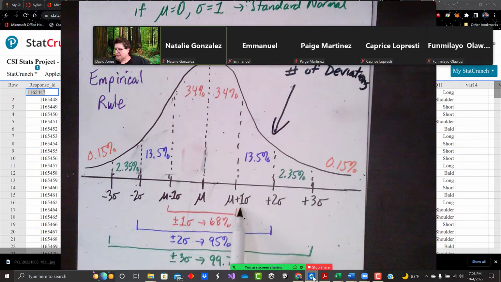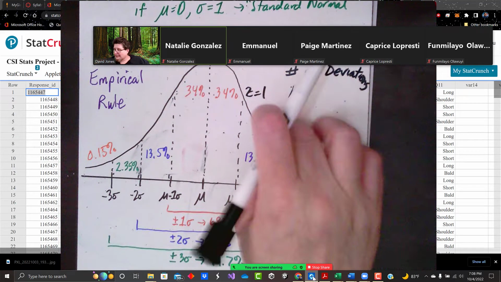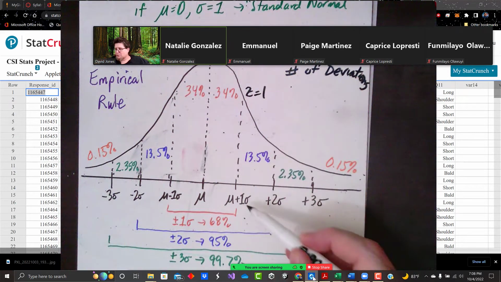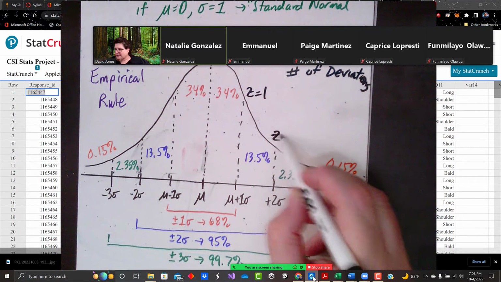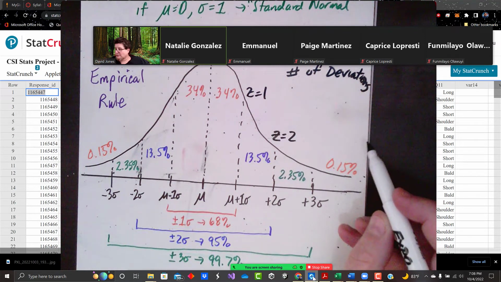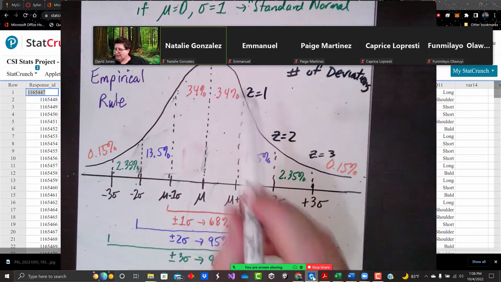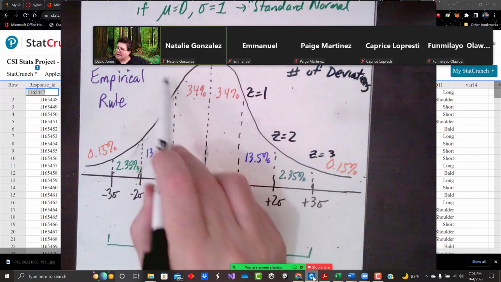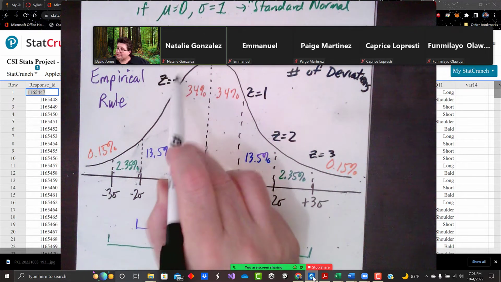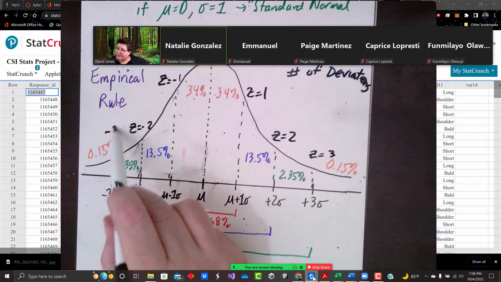So this would be z equals 1, that line right there, because it's mu plus 1 deviation. This line right here is mu plus 2 deviations, z equals 2, and z equals 3 here. In the middle, we don't add any, z equals 0. And then they go down by 1 going to the left, and then negative 3 there.